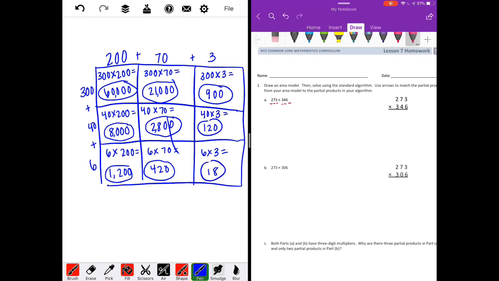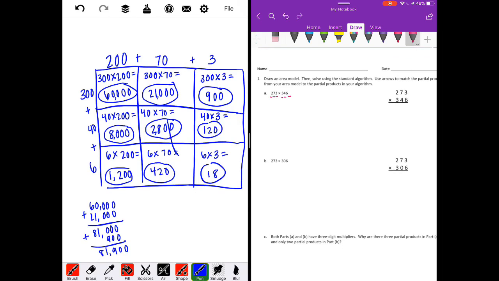So I'm going to start with the first row, and add 60,000 plus 21,000. And we get 81,000 plus 900 would give us 81,900. So this row is 81,900.